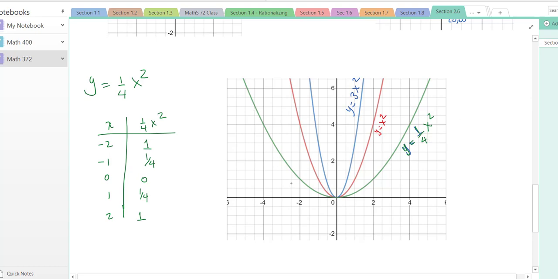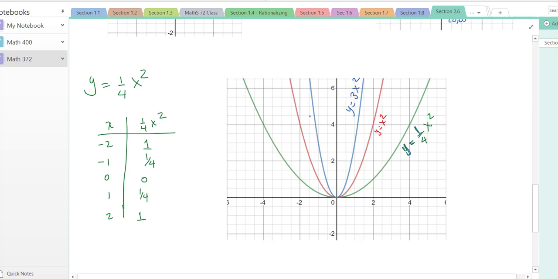Notice that shrinking means it's pushing it downward. So again, imagine that the red graph or parent graph is sort of like a rope or a string, and you're stepping on it with your foot right at the vertex. And so if you pull it, that gives you the blue graph.